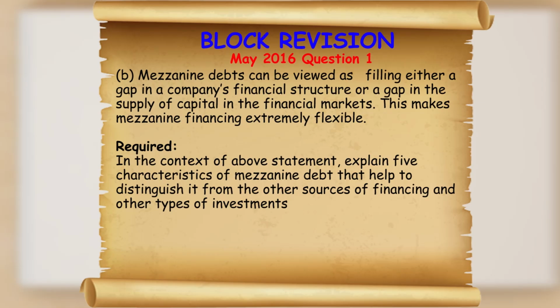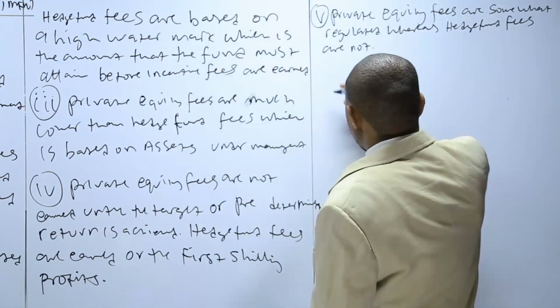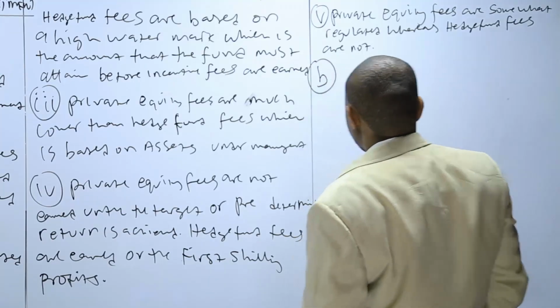So we're trying to look at the characteristics of mezzanine debt. So we can say B right here.